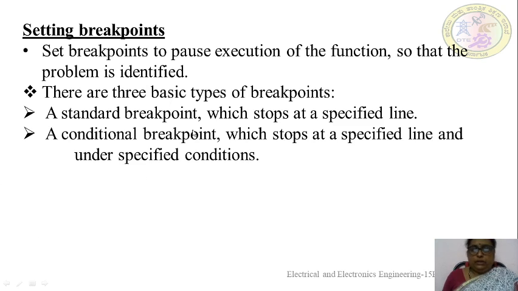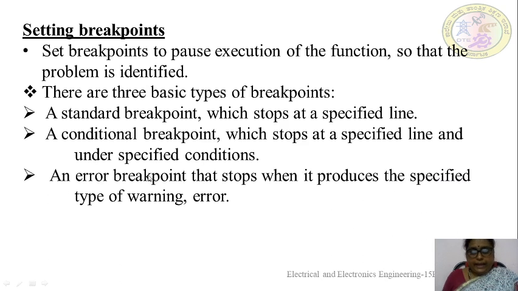You can also apply conditions to check the program or the code. An error breakpoint stops when it produces the specified type of warning or error. So, when the error comes, it stops.